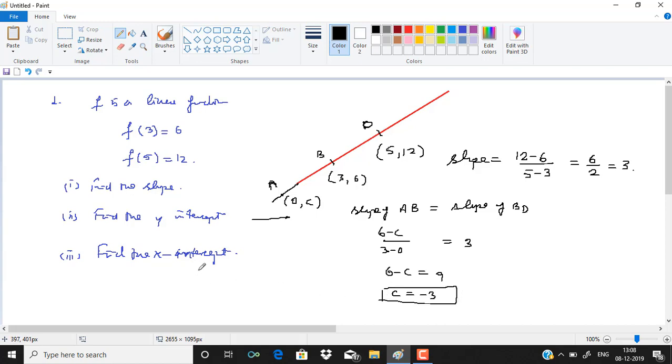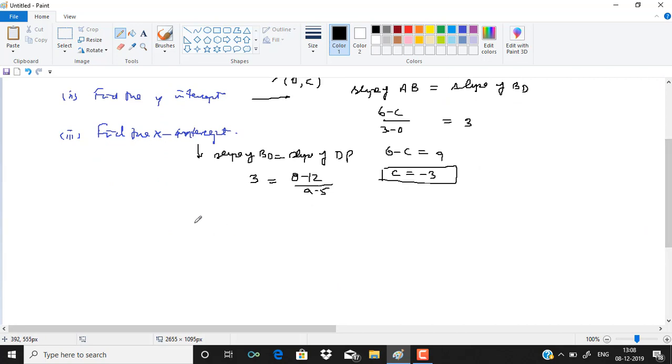Third is asking us what is the x-intercept. So let us take another point, say P. X-intercept is say a comma 0, because on the x-axis y is 0. Now slope of BD is equal to slope of DP. Slope of BD is again 3. DP is 0 minus 12 over a minus 5. You can solve it.